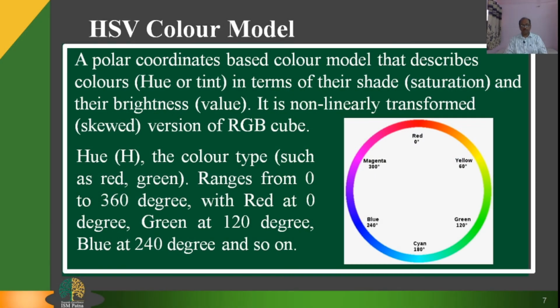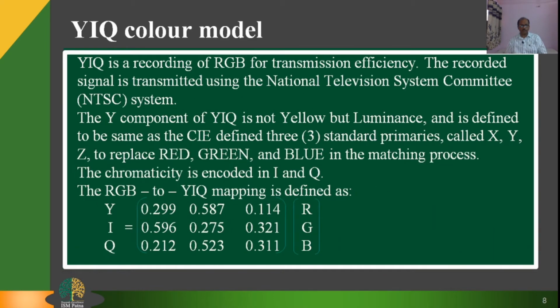Okay. Now we move to the next, that is the YIQ color model. YIQ is a recoding of red, green and blue for transmission efficiency and compatibility with black and white broadcast TV. Students, initially the television was in black and white mode only.